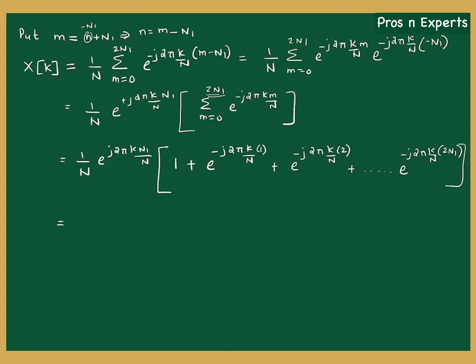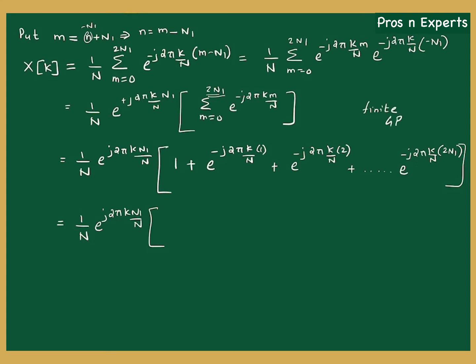Okay, now this is equal to 1 by n e raised to j2 pi k n1 by n into, what is inside the square bracket? This is definitely a geometric progression. And that is finite, not infinite. This is a finite GP, finite geometric progression.